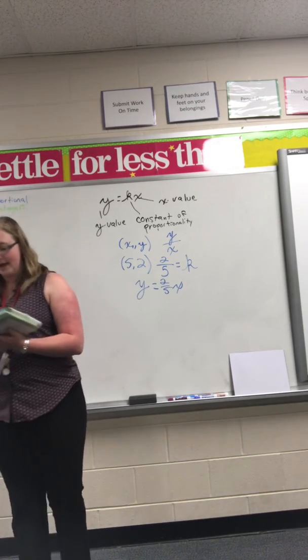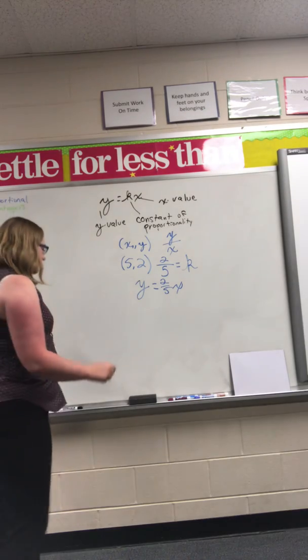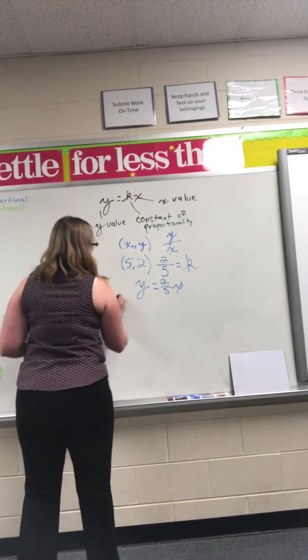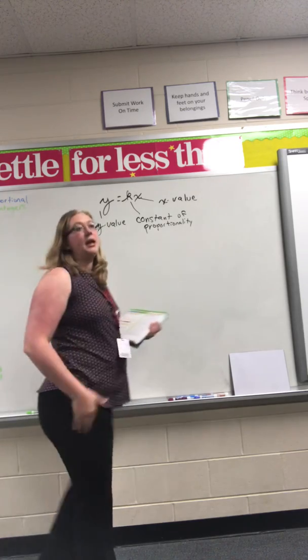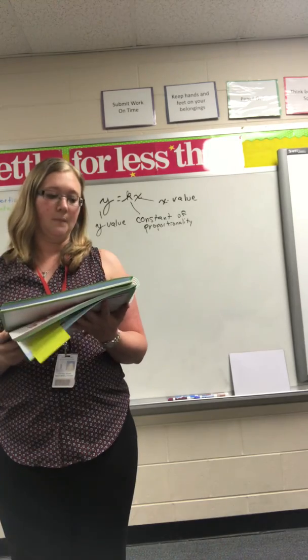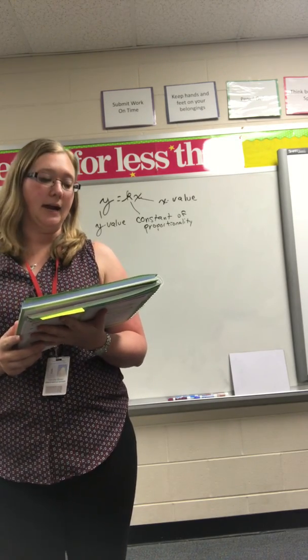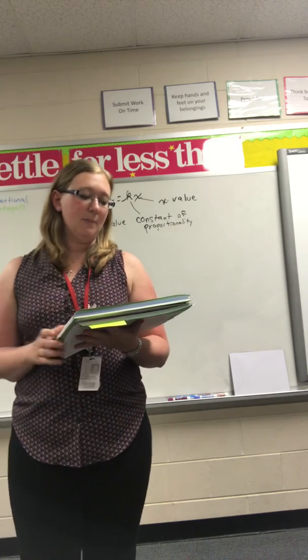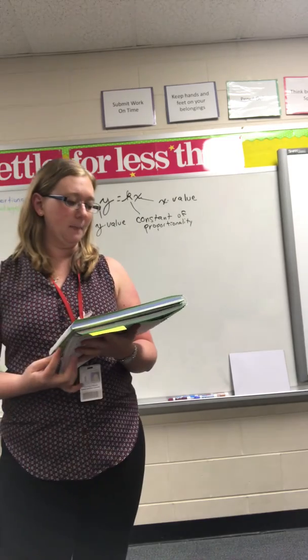Let's look next at example 2. Example 2 is a little bit different. In example 2, it says that the equation y equals 10x represents the amount of money y Julio earns for x hours of work.